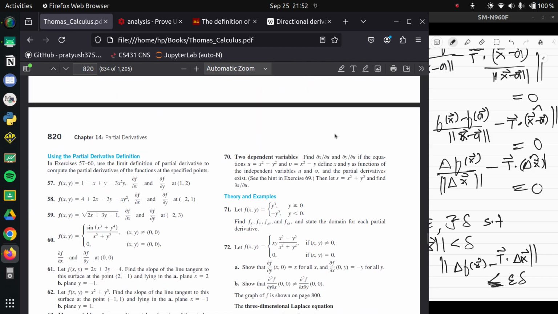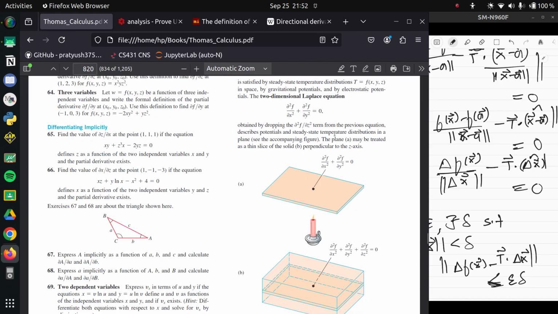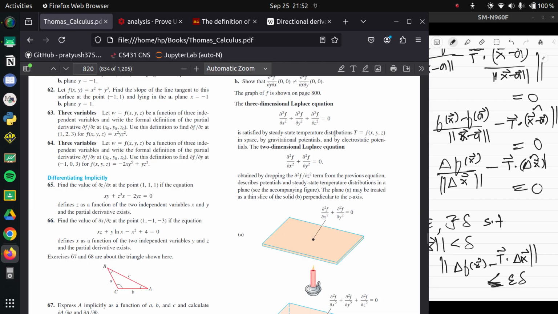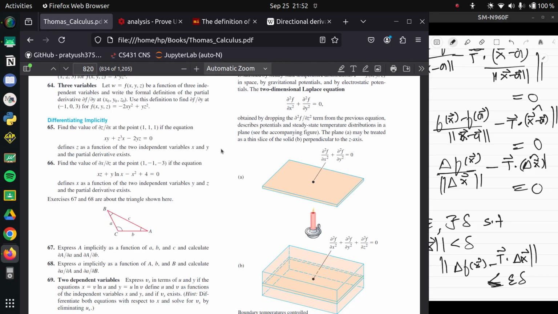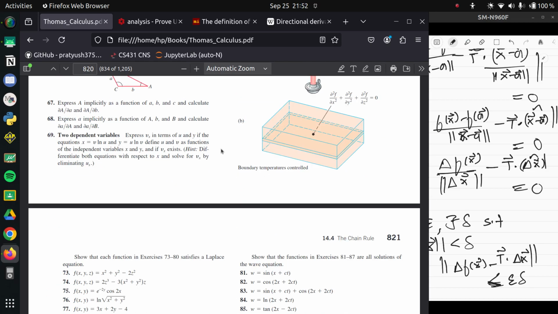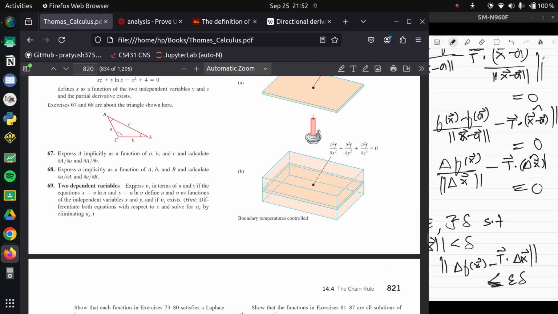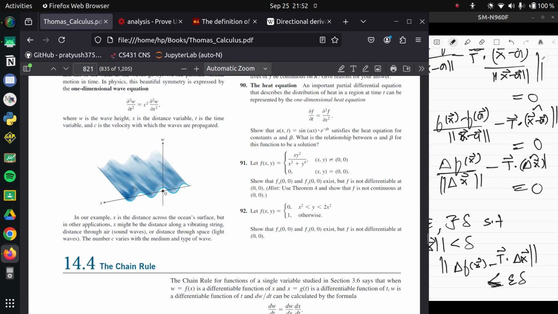Not interested, not interested. Implicit differentiation. This is some slightly longer stuff. Express two dependent variables. I think I've had enough.